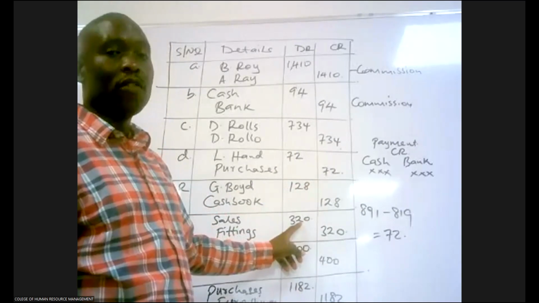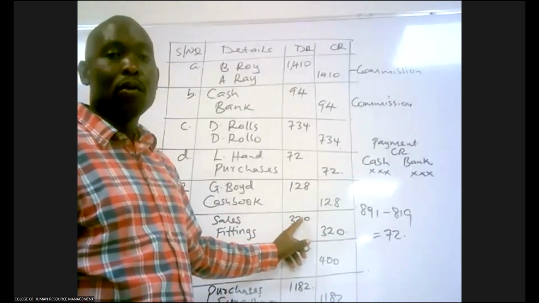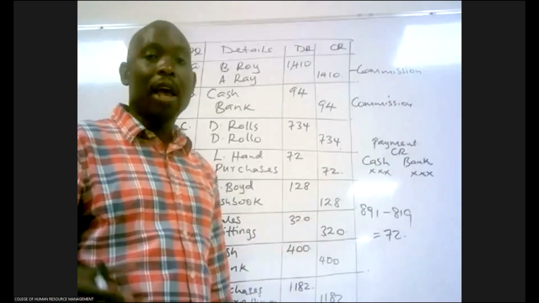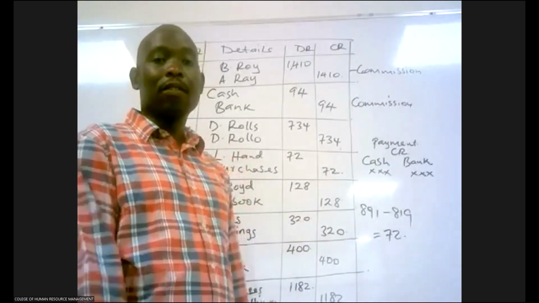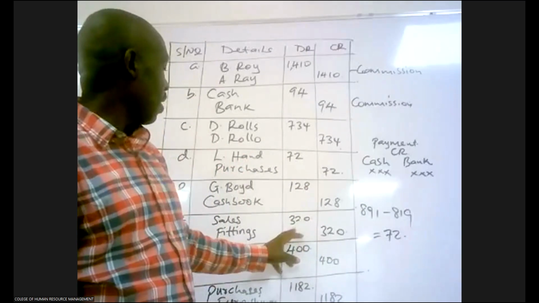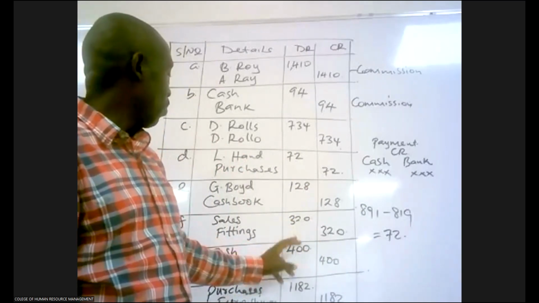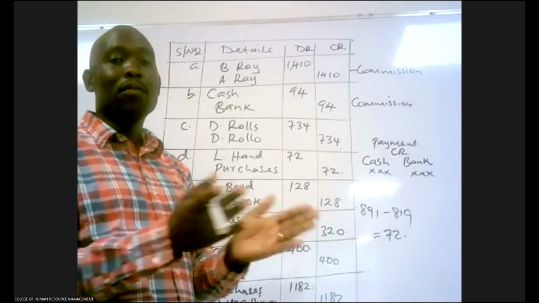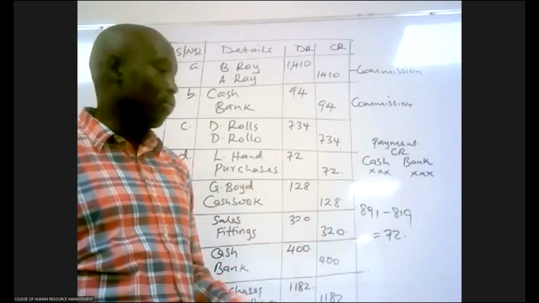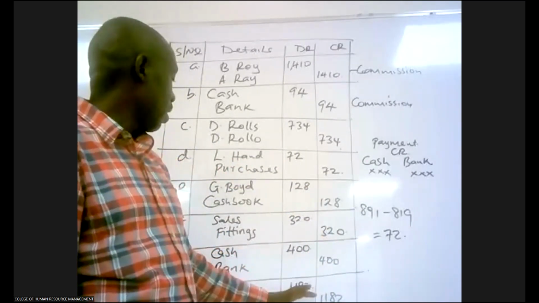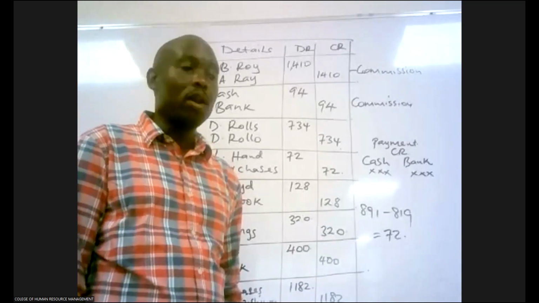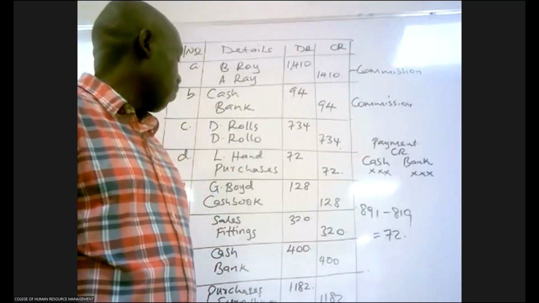This is an error of principle. When we are using the wrong class of accounts, sales and fittings are different classes of accounts. So this is an error of principle. This one, cash and bank, we normally consider them to be on the same class because they record money in and money out. This is an error of commission. The last one is an error of principle when we are talking about accounts of different class.